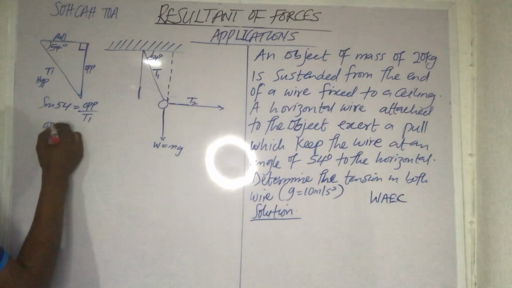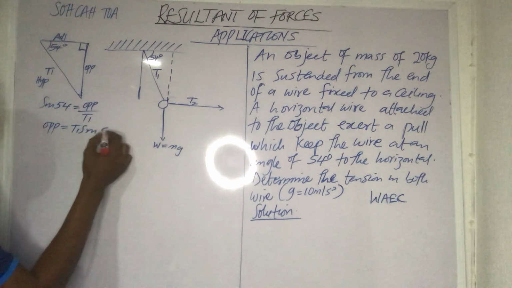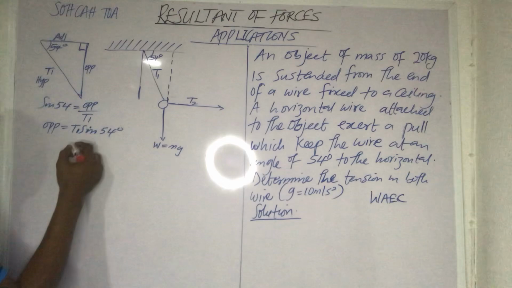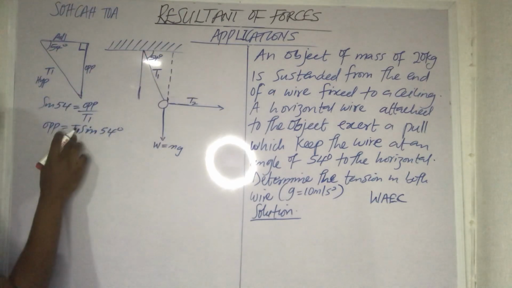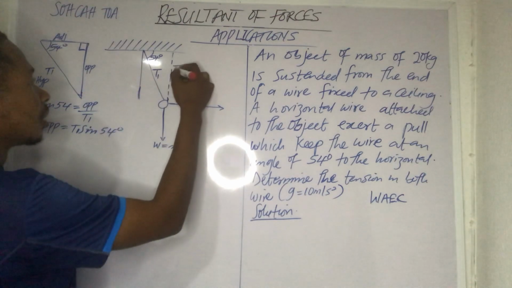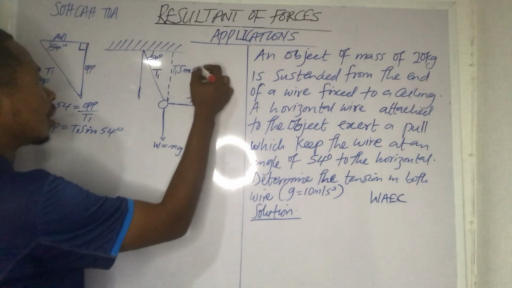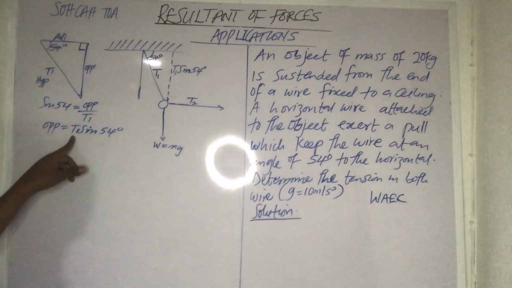Then the opposite will be equal to T1 sine 54 degrees. That means this place is T1 sine 54 degrees.